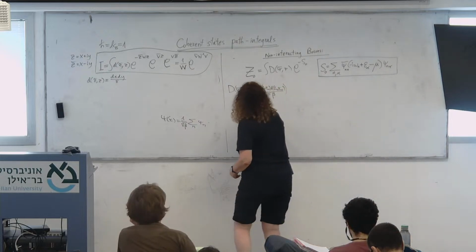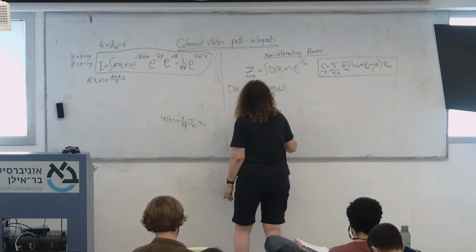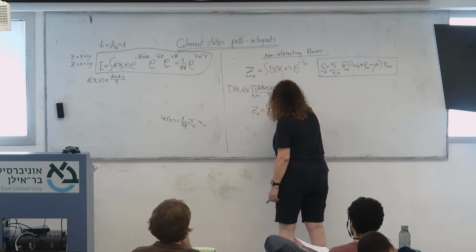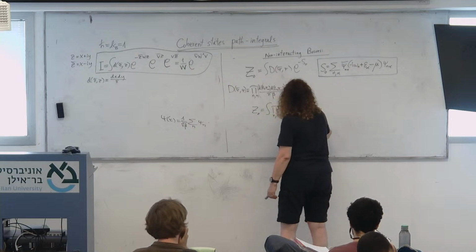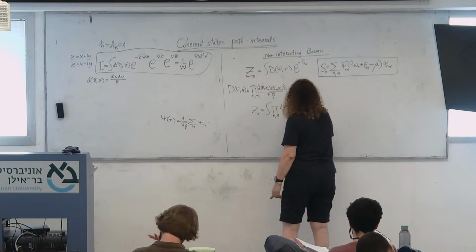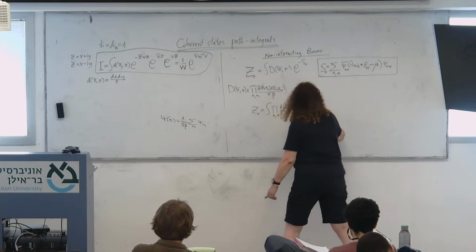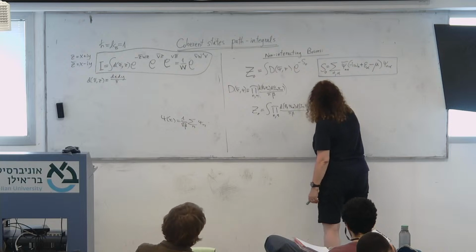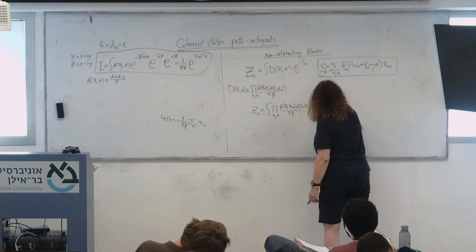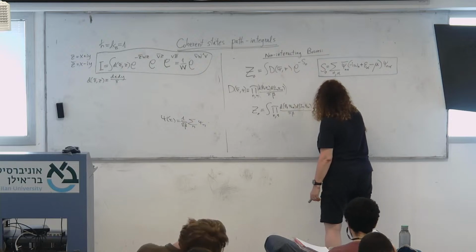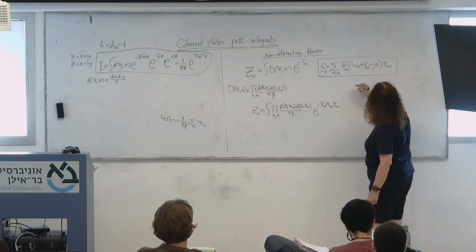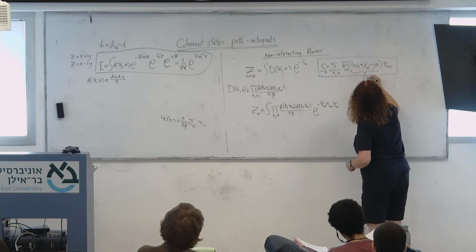So in other words, Z naught is an integral, writing it explicitly, a product over all n's and all alphas of the real part of psi n alpha, the imaginary part of psi n alpha divided by pi beta, of e to the minus psi bar n alpha a n alpha psi n alpha, where all of this I call a.